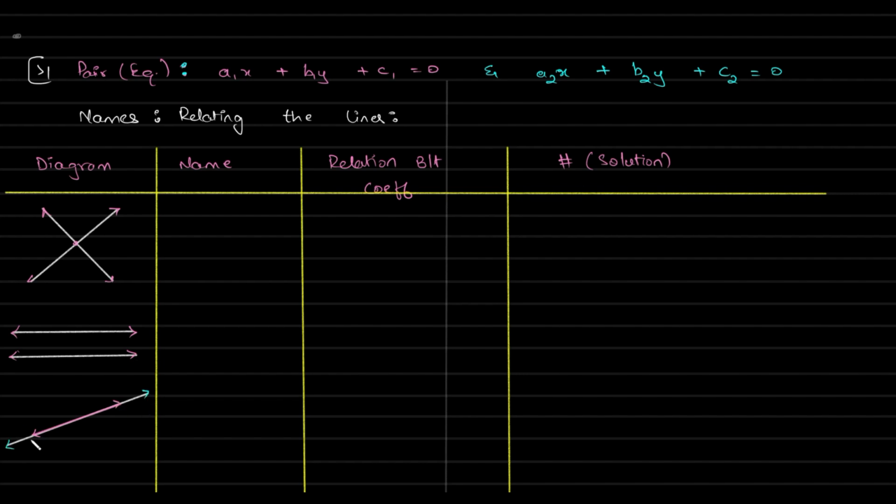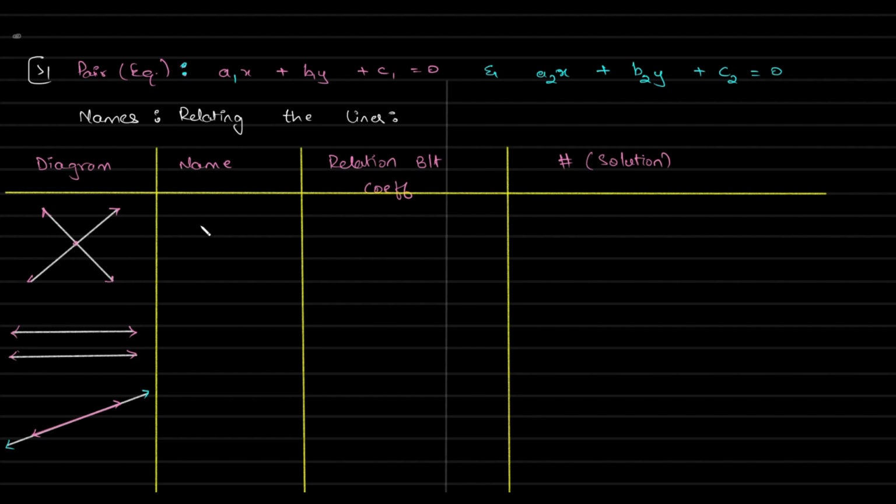So their names, relationships and the number of solutions associated with such scenarios. We're looking at two lines, the first represented by a1x plus b1y plus c1 is equal to 0, and the second represented by a2x plus b2y plus c2 being equal to 0. Now we're relating the names with the lines.